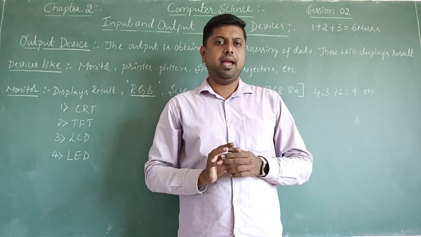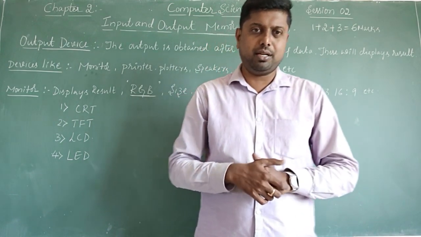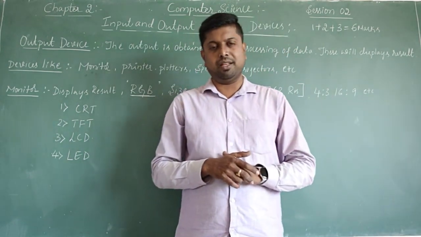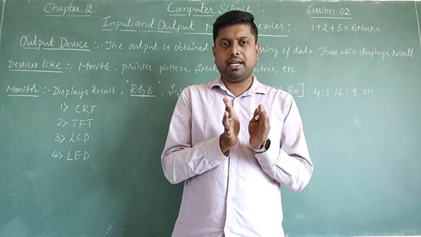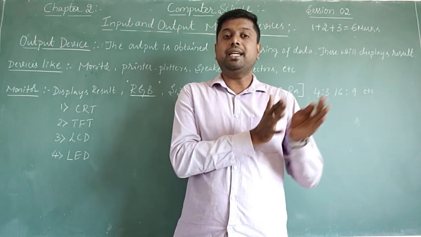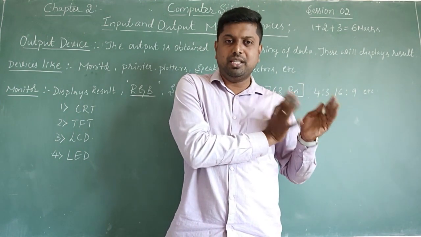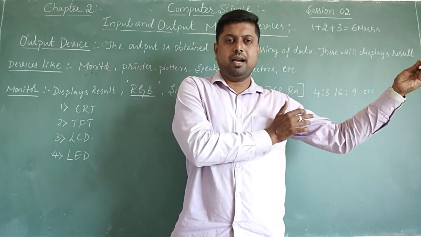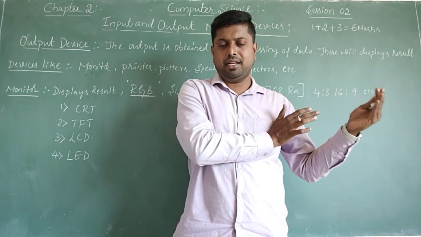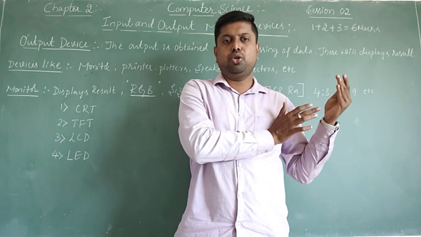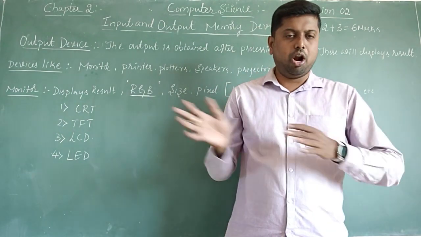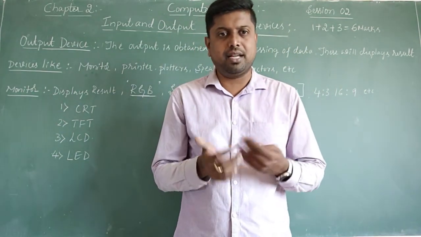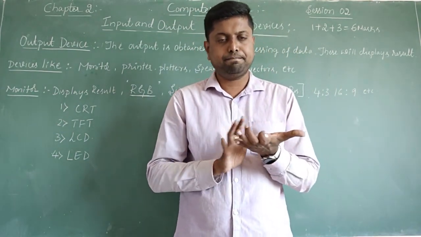Is there any technical knowledge about how the monitor displays the result? See, after processing data, it needs one platform to display a result. It needs one device, one particular place to exhibit that result. See, not a monitor, coming to a very simple device, that is a calculator.